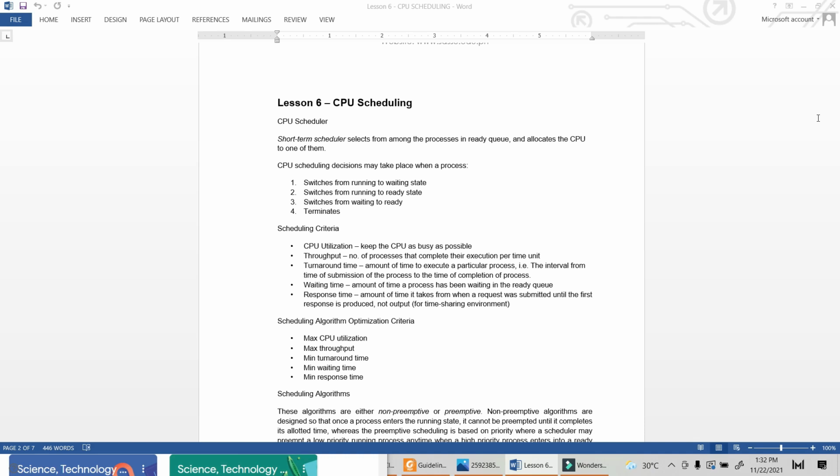By switching the CPU among the processes, since whatever we do with our computer we are using the operating system, the operating system can make the computer more productive.